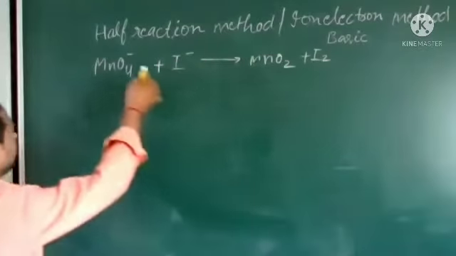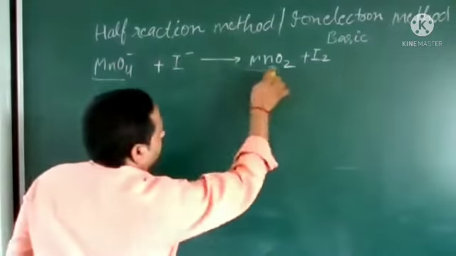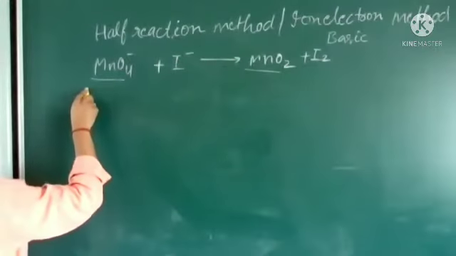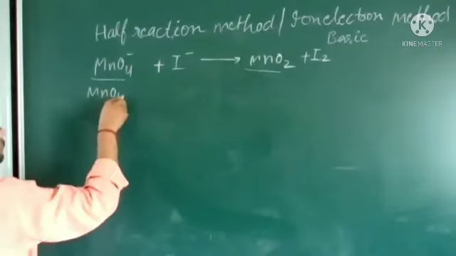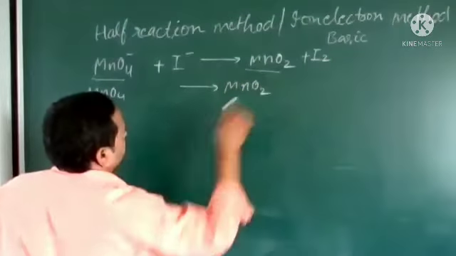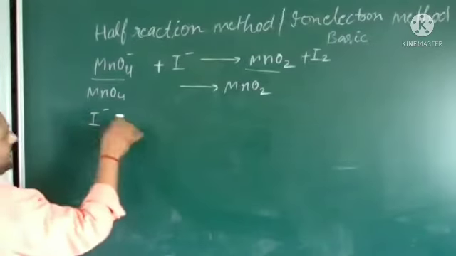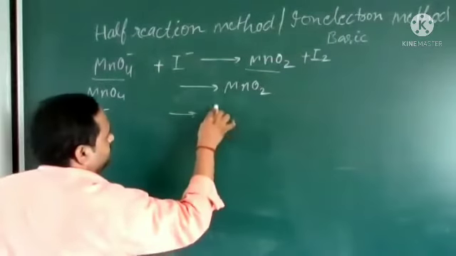First we will find the two half equations. The first half equation is MnO4 minus changing to MnO2, and the second is I minus changing to I2.